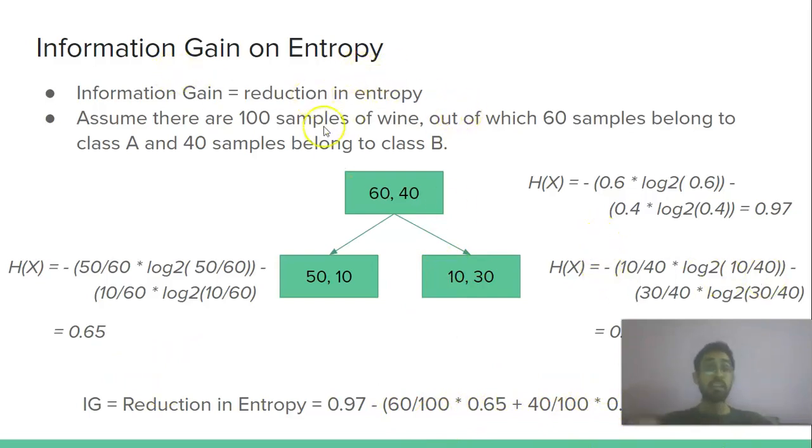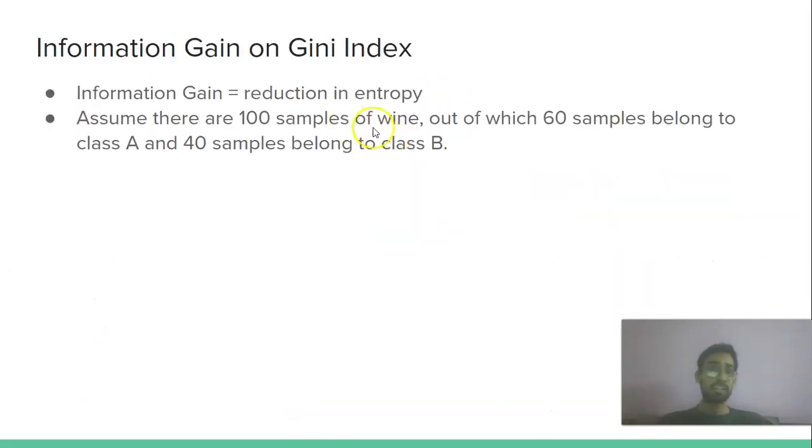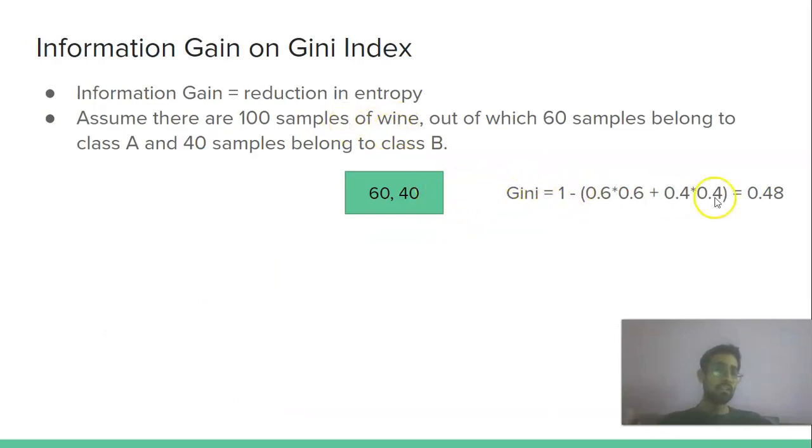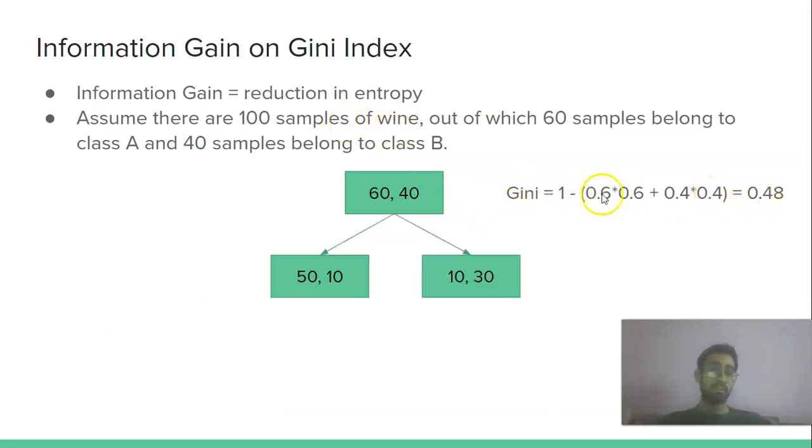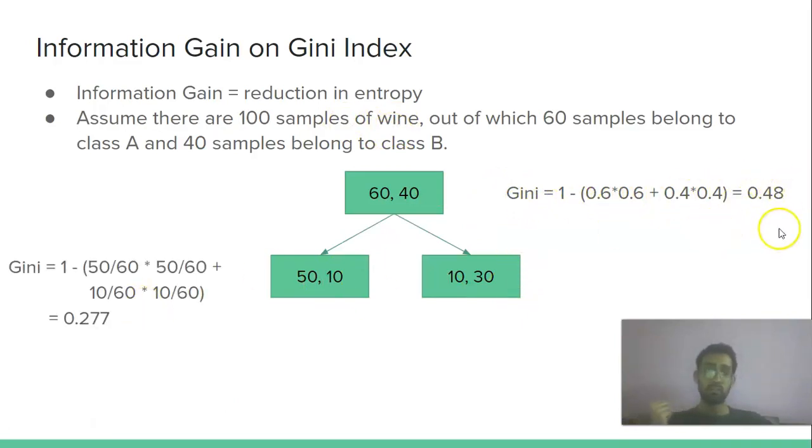On entropy, that is the information gain. Similarly, there is information gain on the Gini index as well. It's the same thing; the only difference is we calculate Gini instead of entropy. Let's assume the same example. We have 0.48 here, and the maximum Gini can go is 0.5, so the range is from 0 to 0.5. So Gini at this level is 0.48.